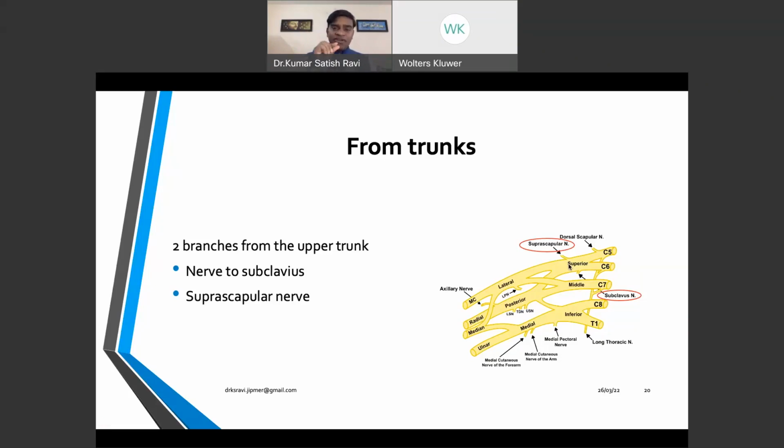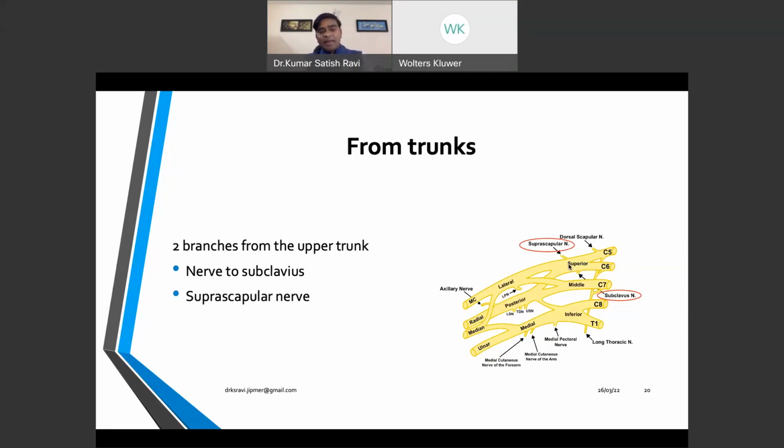Now, what is the beauty? When this notch is converted into a foramen by the presence of the transverse scapular ligament, the suprascapular nerve passes through this foramen, and the suprascapular vessels will be passing above this ligament, right?